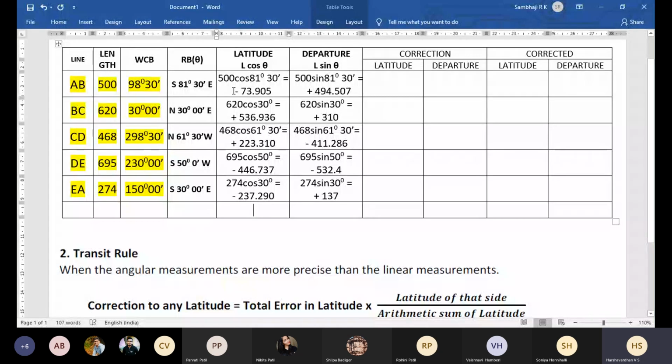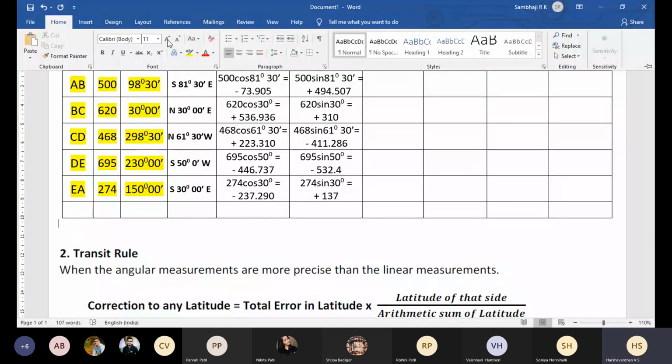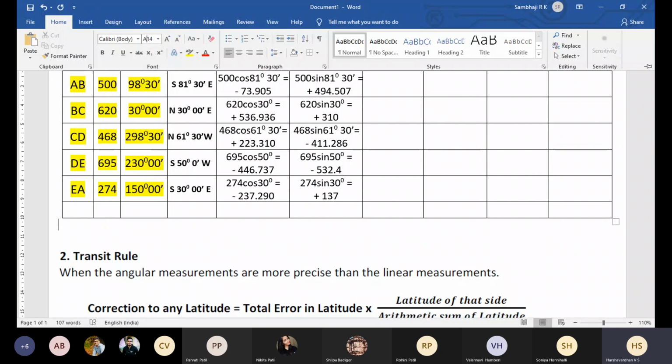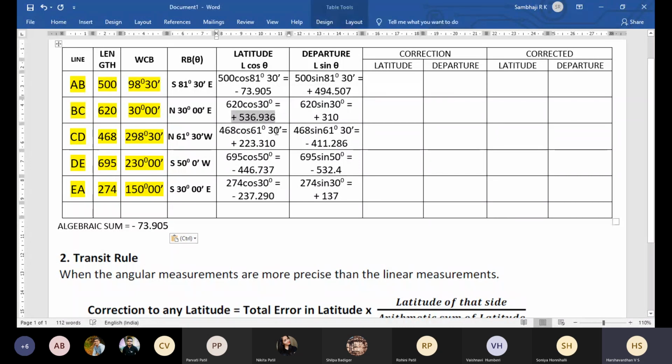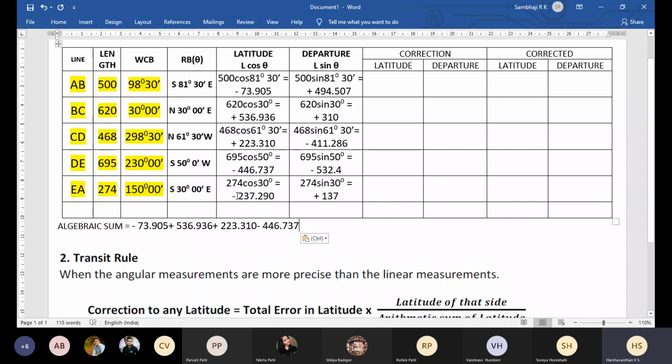Calculate the algebraic sum, first for latitude: minus 73.905 plus 536.936 plus 223.310 minus 446.737 minus 237.290.